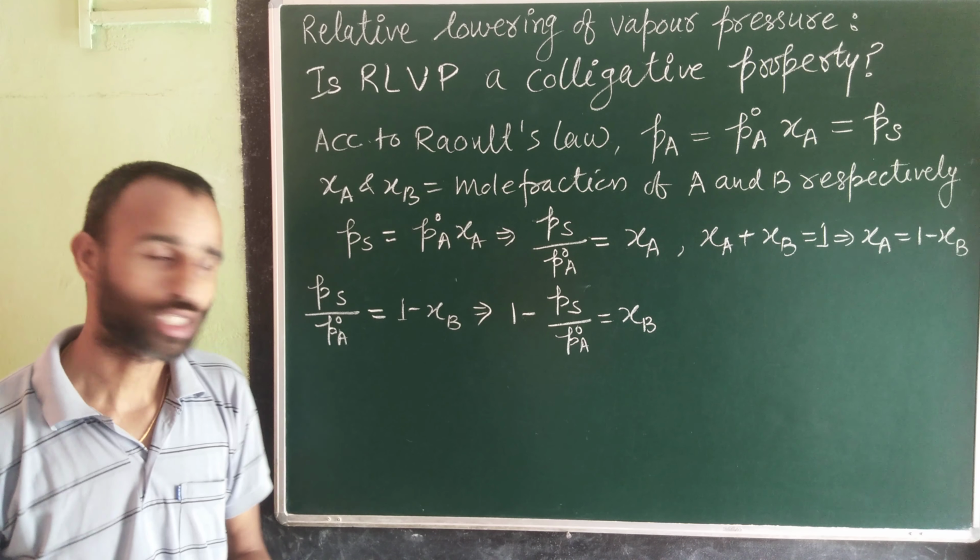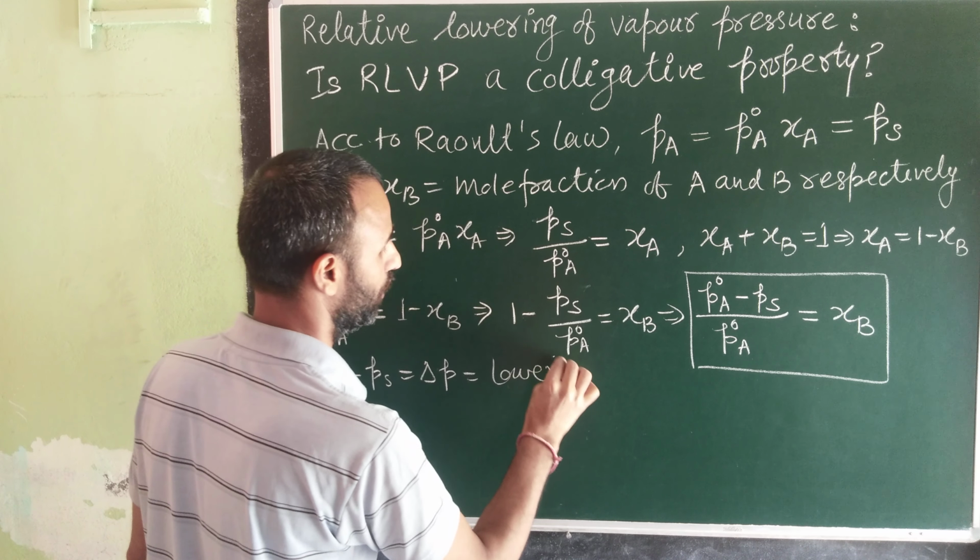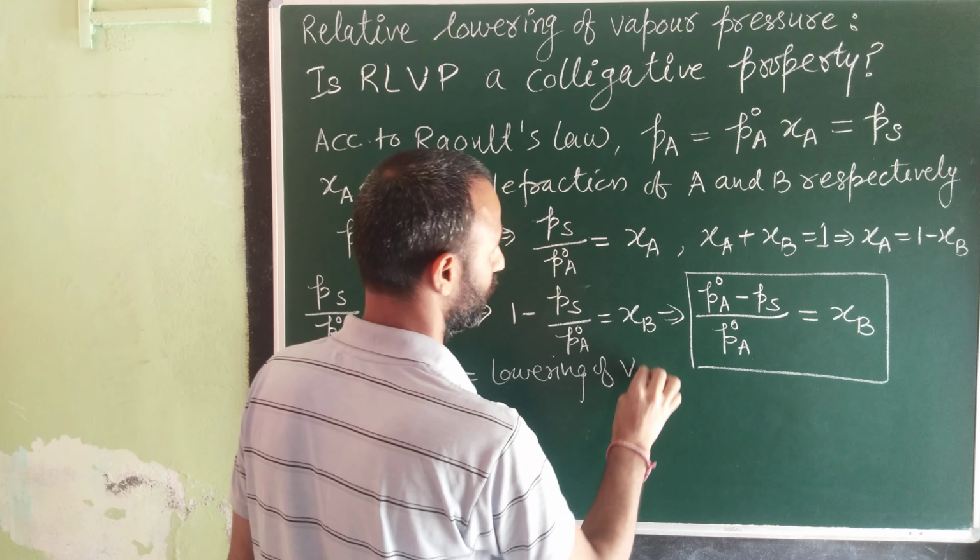That implies, taking P naught A as LCM, P naught A minus PS over P naught A is equal to XB. And what is this? P naught A minus PS equal to delta P, that is lowering of vapor pressure.